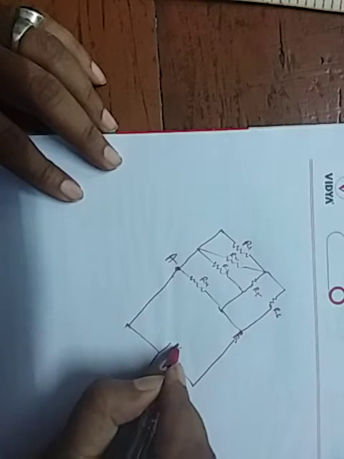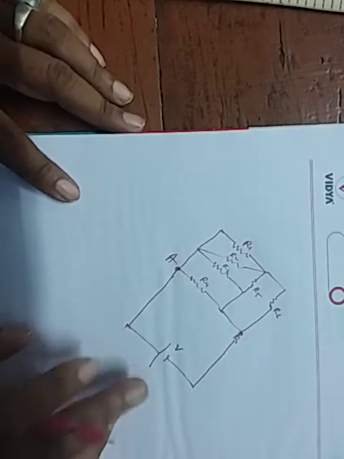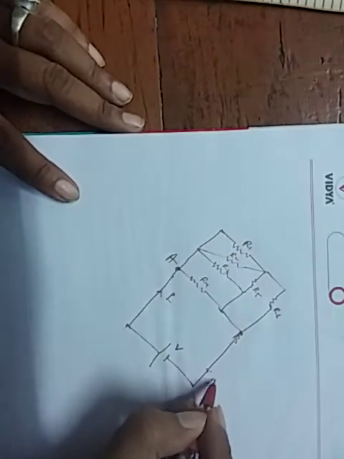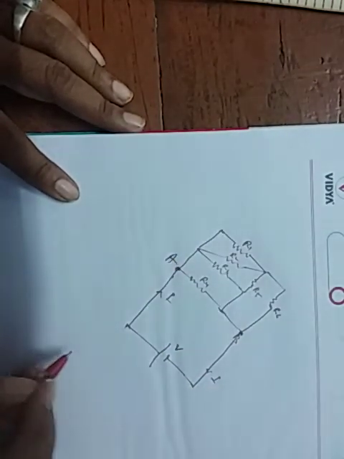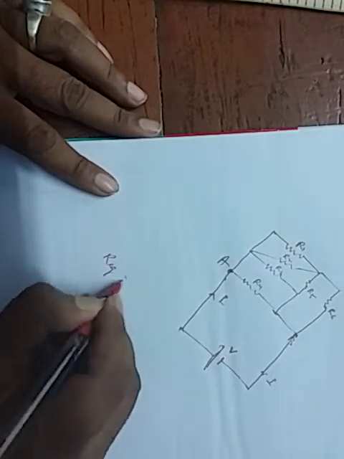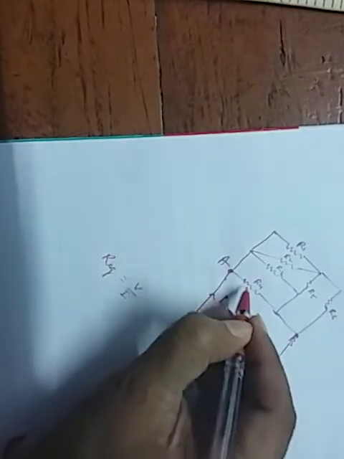If the EMF of this battery is V and it supplies a current I, it moves through different branches and returns to the cell. In that case R equivalent is equal to V by I, and we do different calculations for the different loops.